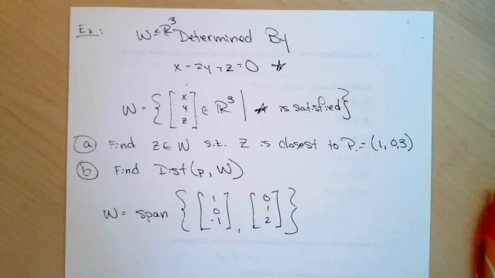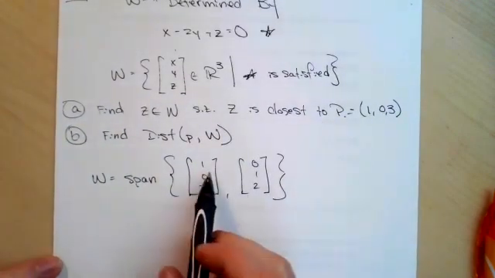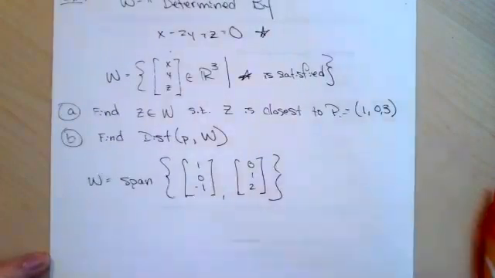Now, the problem with our basis is that it's not orthogonal. And the problem with not having orthogonal bases, as I was explaining yesterday, is it kind of ruins this projection process.